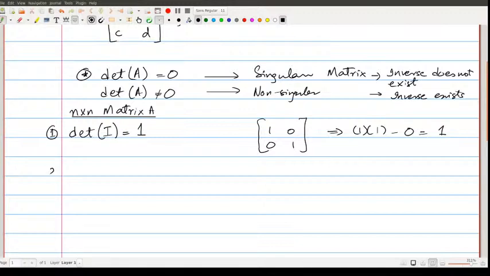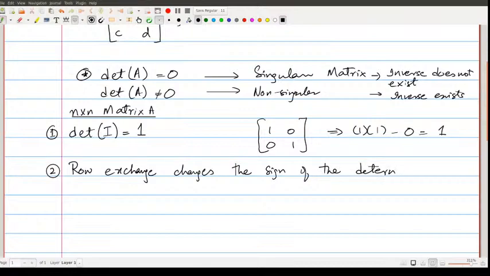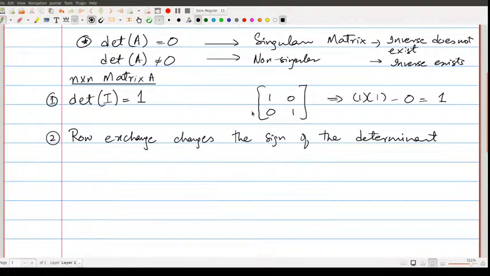The second property of a determinant is that row exchange changes the sign of the determinant, which means if you have, for example, a 2 by 2 permutation matrix, something like this, 0, 1, and 1, 0, all I've done is I've taken the matrix I and I've exchanged the 2 rows of the matrix.